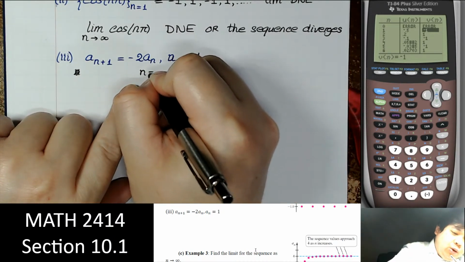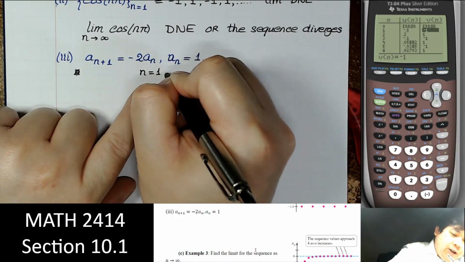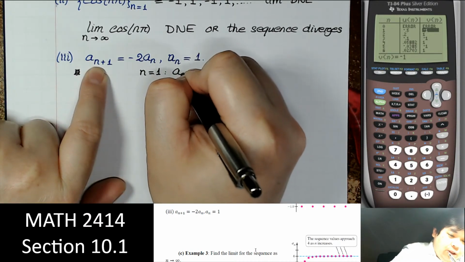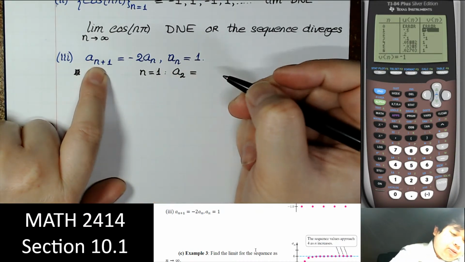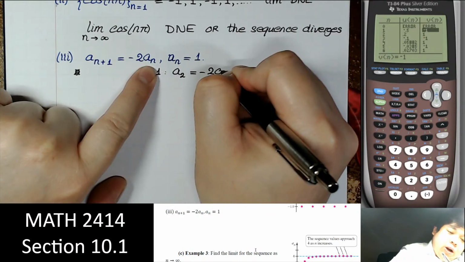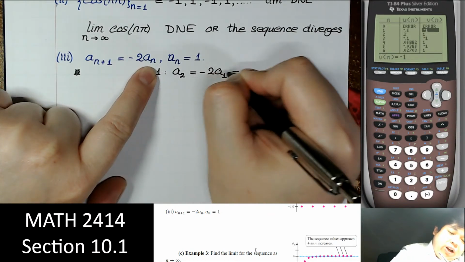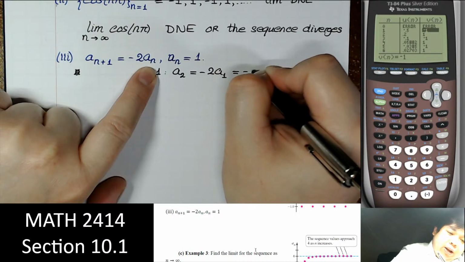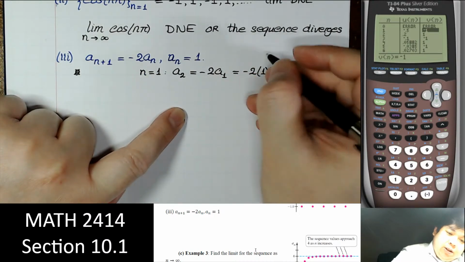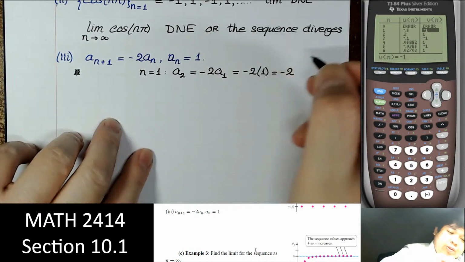When we let n equal to 1, if we put 1 in here, we have a2 equal to -2 times a1, which will give us -2 times 1, -2.